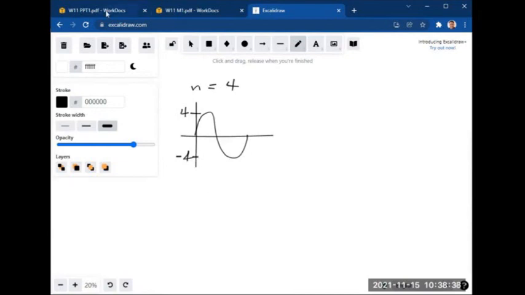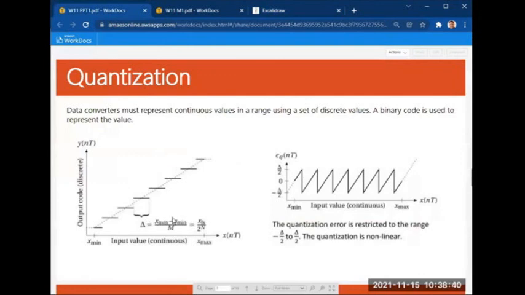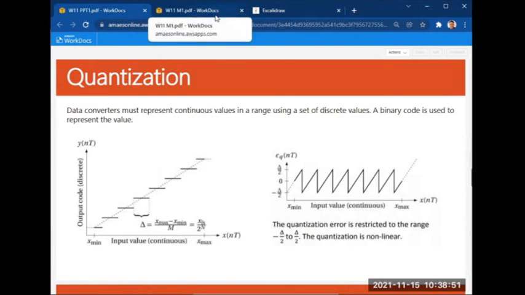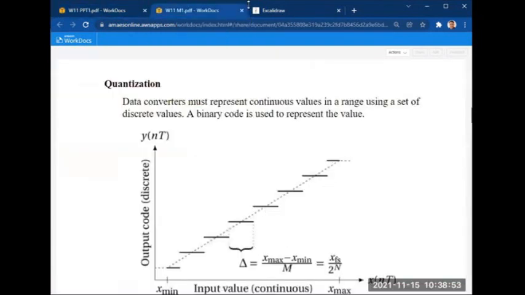Okay, so the formula is this one. So x max, that is for delta, minus x min over m. Okay, so that's how we divide our signal.